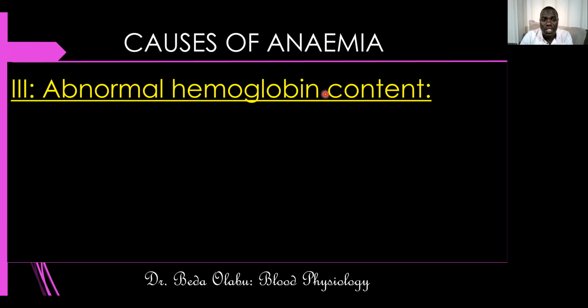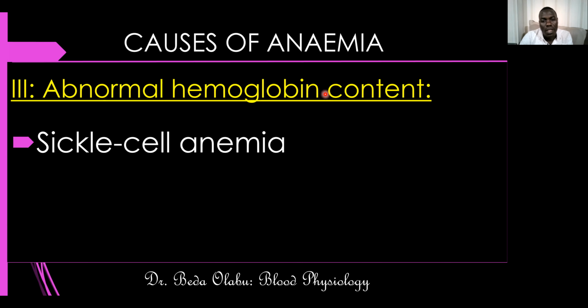And that's why we still consider them as anemia syndromes. A good example of anemia due to abnormal hemoglobin content is sickle cell anemia. In sickle cell anemia, the individuals have a particular hemoglobin, which we call HbS, hemoglobin S. Usually we write it as H uppercase, b lowercase, then S uppercase. A normal individual needs to have what we call HbA, H uppercase, b lowercase, A uppercase.